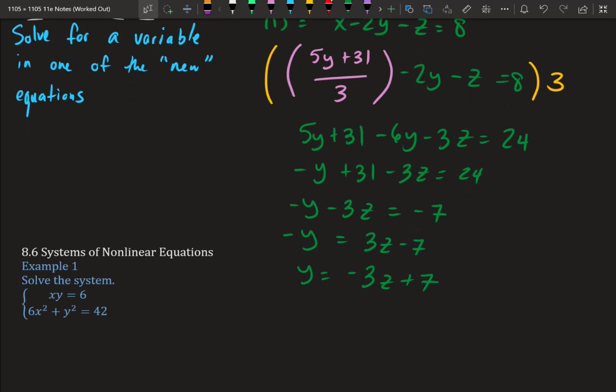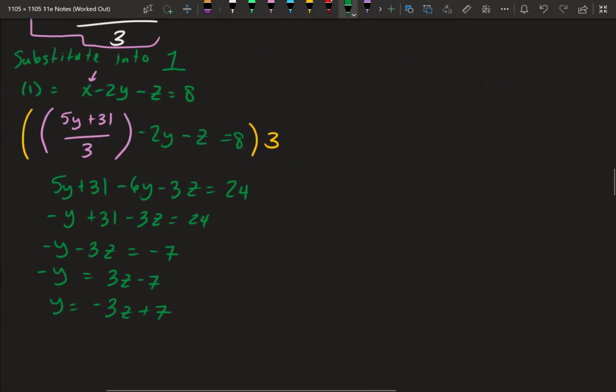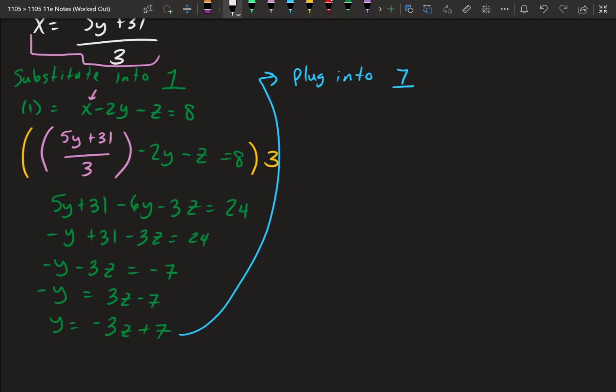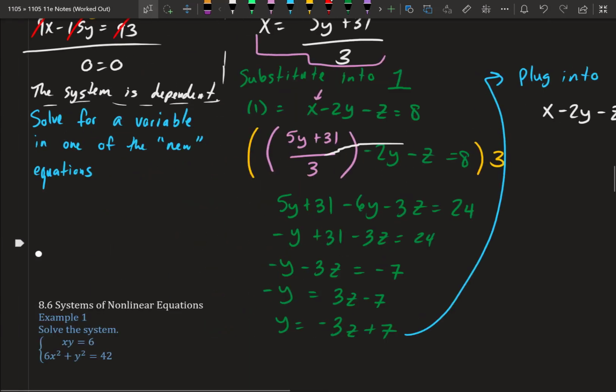Now, we're almost done, I promise. We're going to plug this in. It's going to give us x now. We're going to plug it into 1. So for 1, we have x minus 2y minus z equals 8.